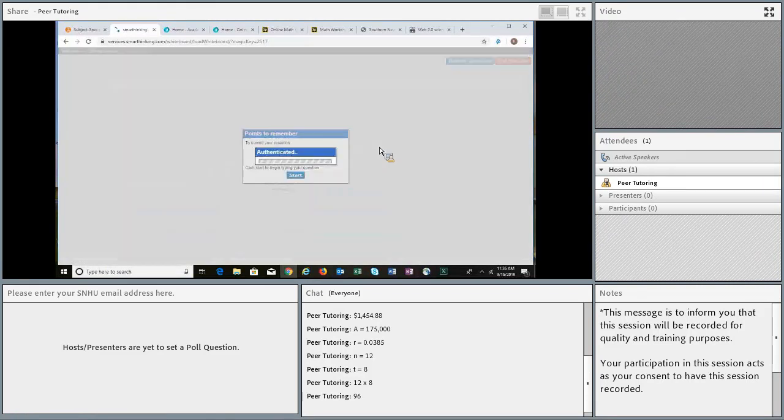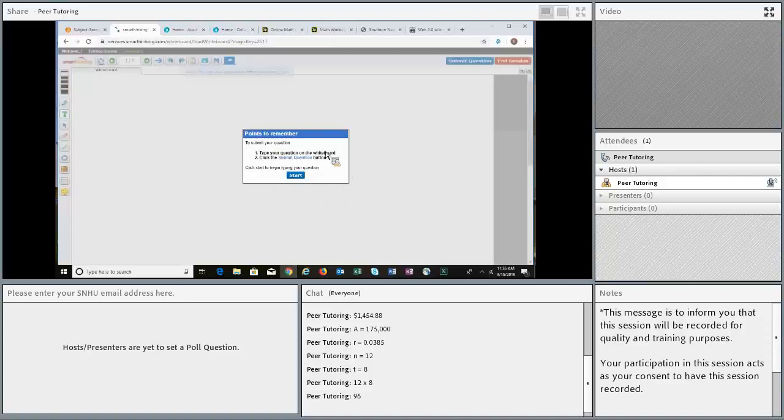And then let's click on math. Click on algebra. So I'm not going to click start, but what you want to do at this point is click on start, and you see this whiteboard up here. You can type in your question, you can upload an MS-Office document, and a tutor should be available.